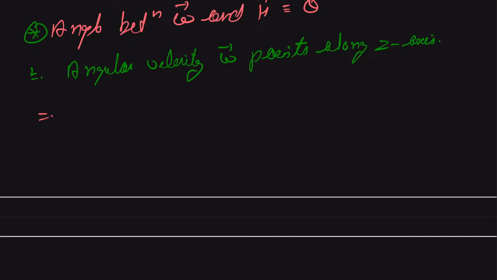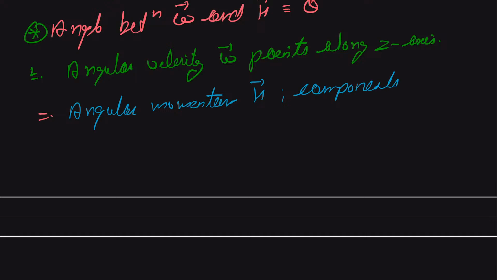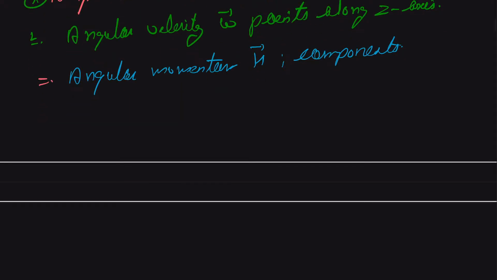So we can say that angular momentum h components, and we can say that our h, one component will be in our x direction and the other one will be in the z direction.